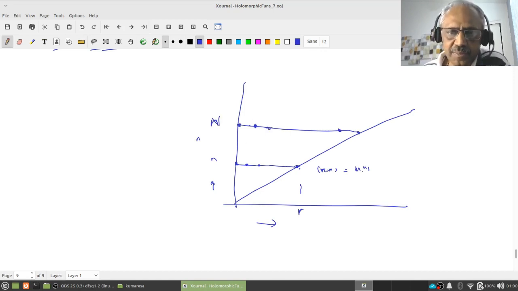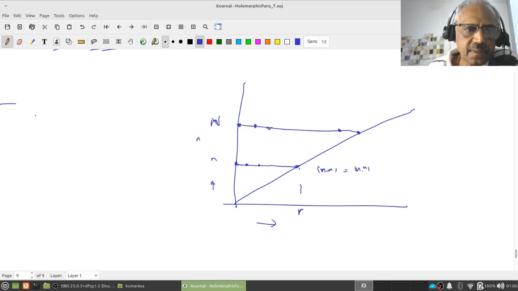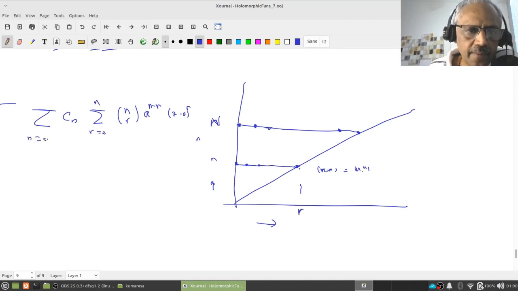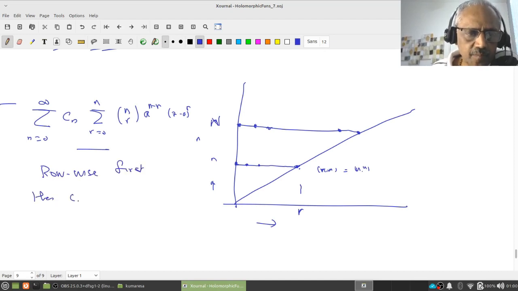This is how I am summing. You can think of this as the Cn summation. This summation is what I am doing, row wise first, then column wise.